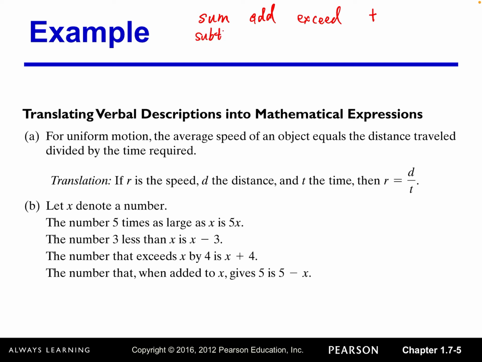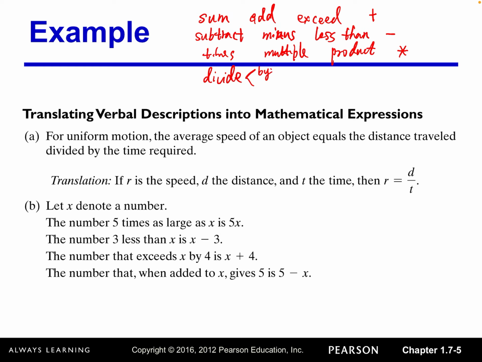And then subtract, minus, less than, those kinds of keywords indicate subtraction. Times, multiply, or the keyword product, those indicate multiplication. Then the keyword divide, divided by or divided into, are 2 different ones, where the numerator and denominator will be different.